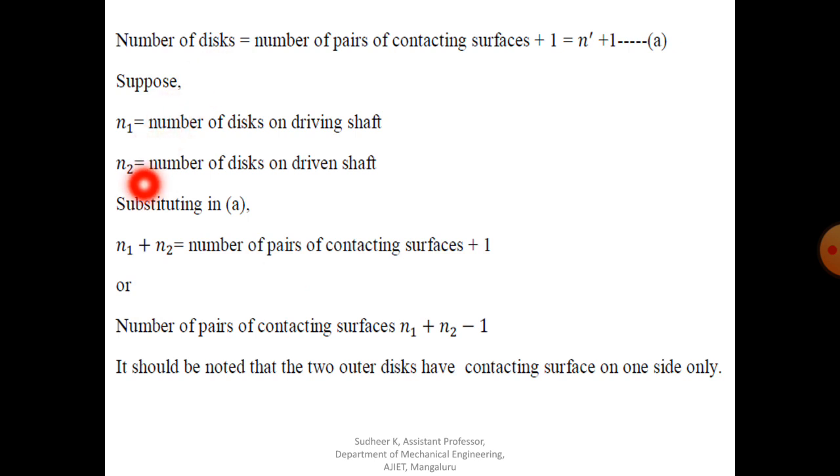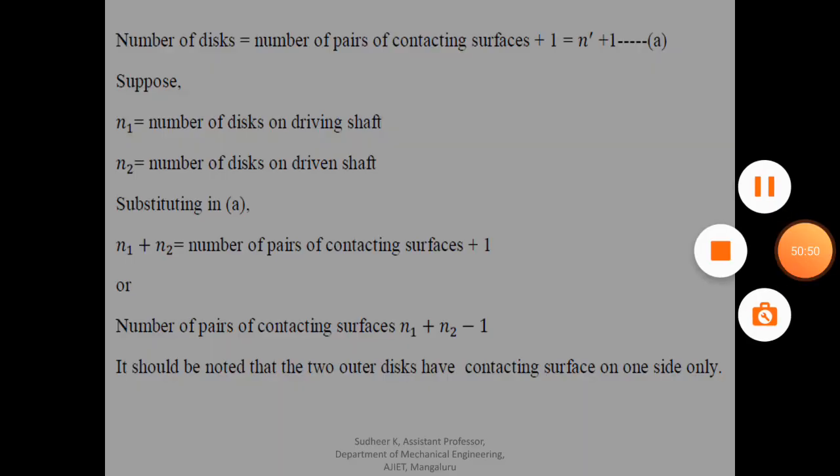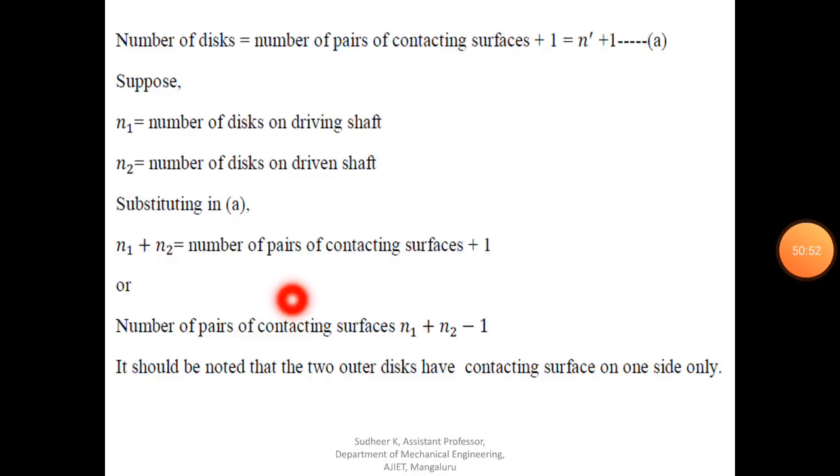So in the last example, N1 is the number of discs on the driving shaft. How many driving shaft discs are there? The N1 value is 3 in the earlier case, and the N2 value is 2. So total N1 plus N2 is 5.